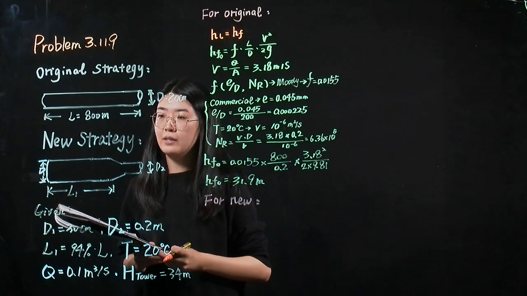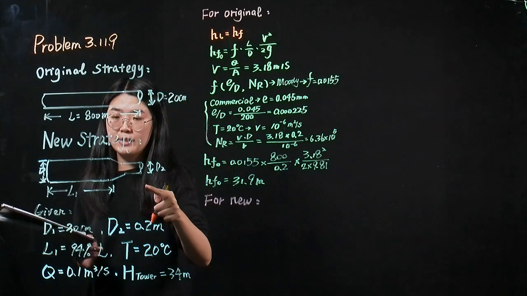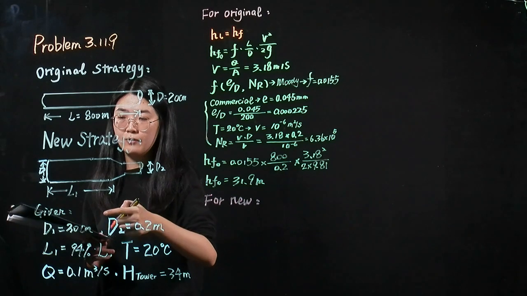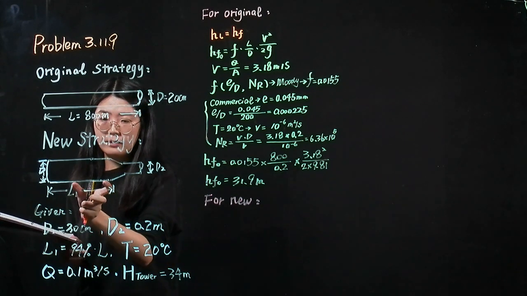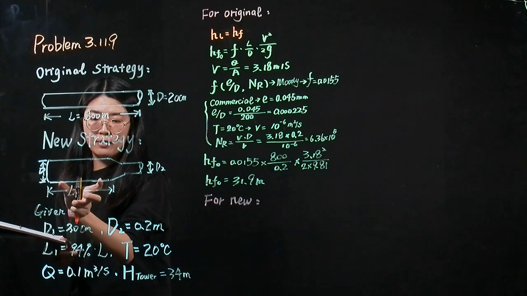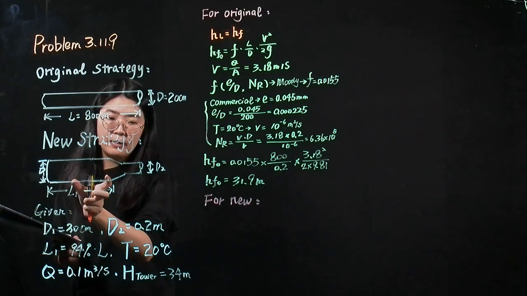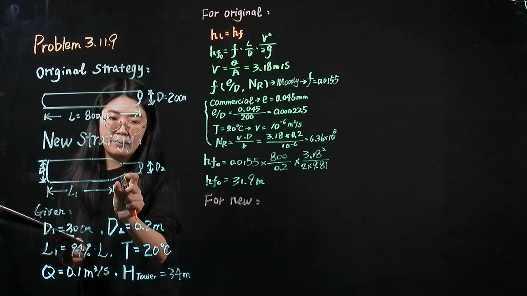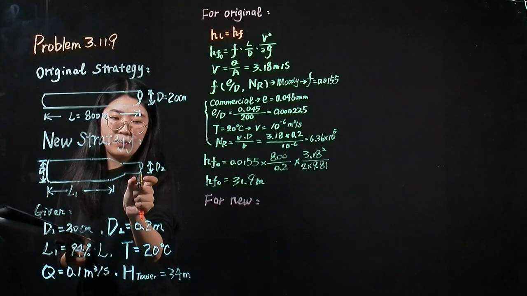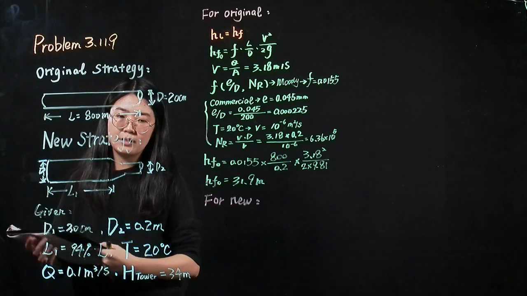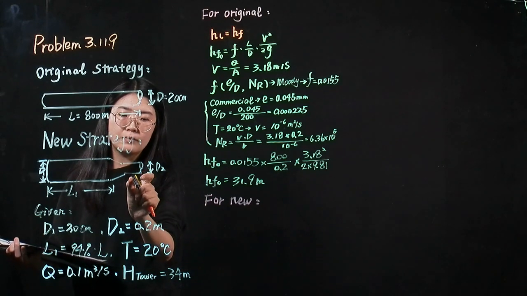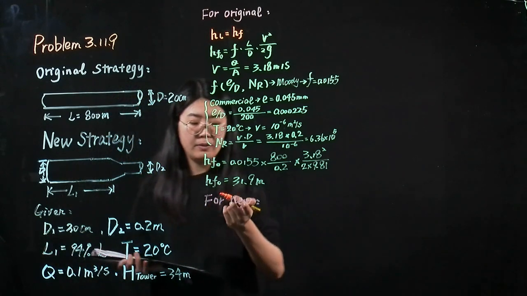The head loss in the new strategy can be divided into three parts. The first one is the friction head in the first part of the pipe, the second one is the loss contributed by the confuser, and the last one is the friction loss caused by the remaining part of the pipe.